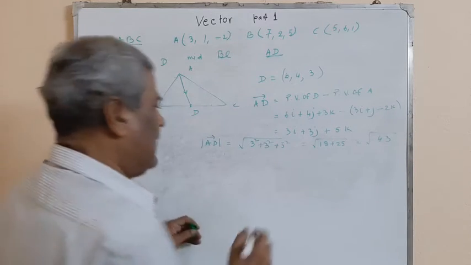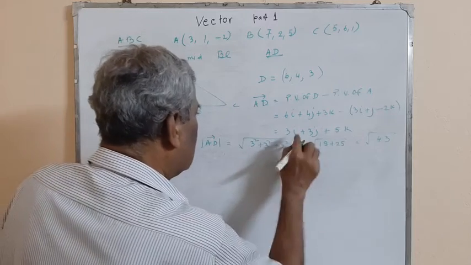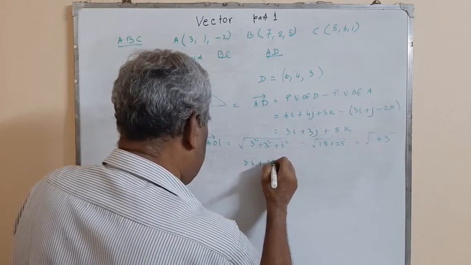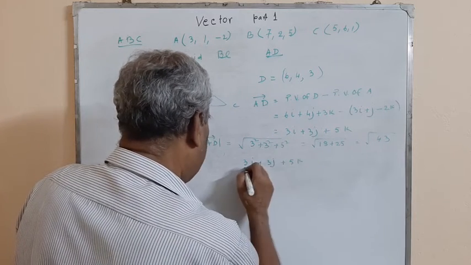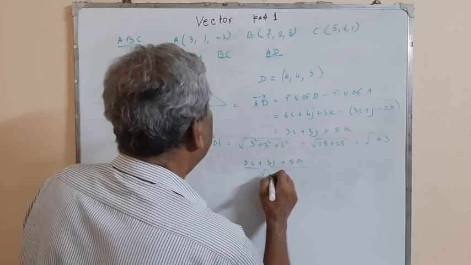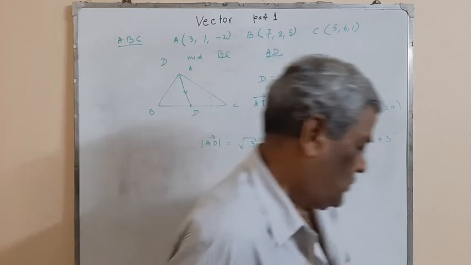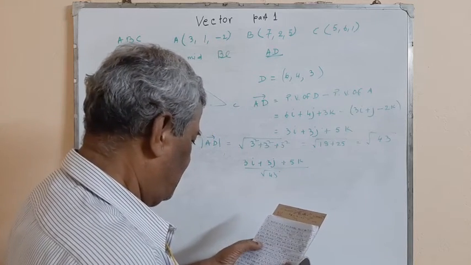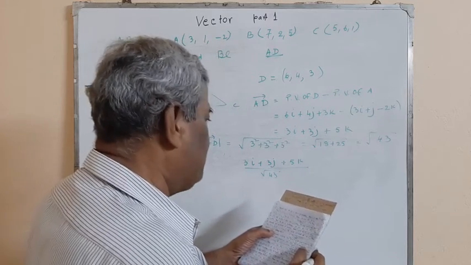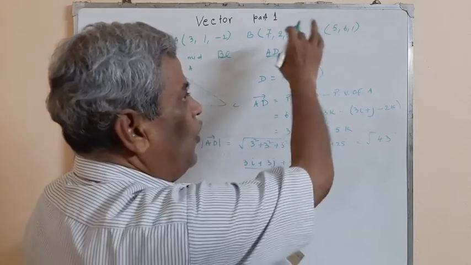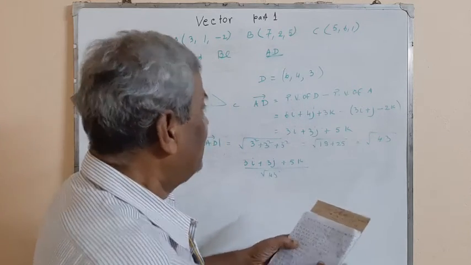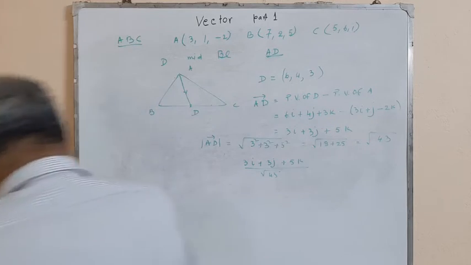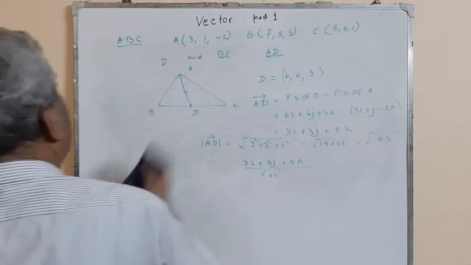Therefore, the unit vector along AD is 3i plus 3j plus 5k whole divided by root 43. So this is the answer. Options, again I have forgotten it. This is the third option. Next.